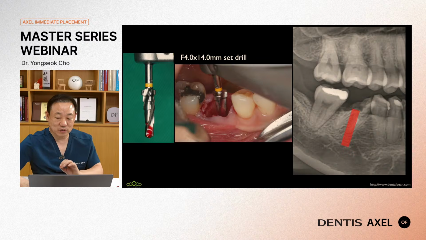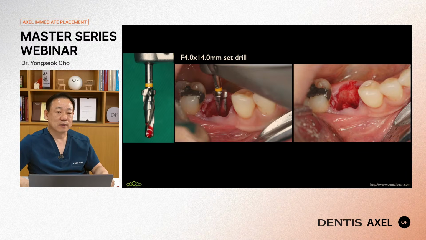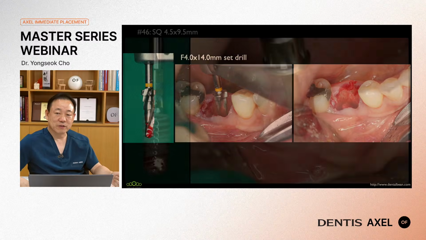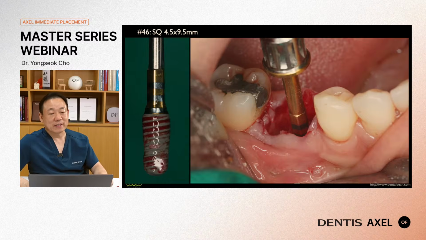It is an endodontically treated tooth, so without extracting the root, I advanced the drill between the roots. After finishing drilling, sorry, maybe I extracted first and then prepped the osteotomy at the center.